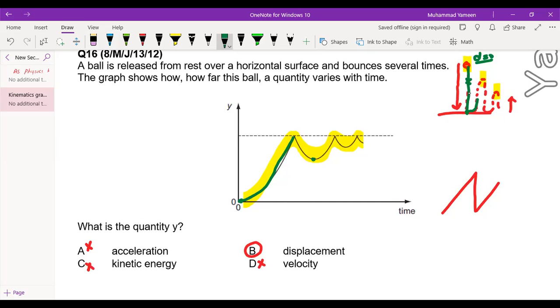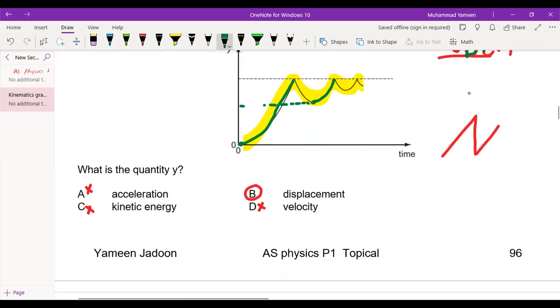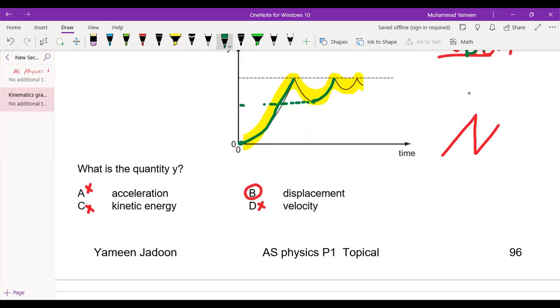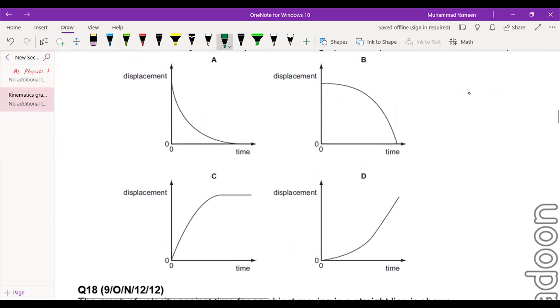So displacement will have some least value. So after reaching the top after the first bounce, it will go down, and displacement will again increase, and it becomes maximum, and so on. So that's why it is the displacement time graph, and you can see the displacement time graph is a curved line. So you can conclude the velocity of the object is changing.